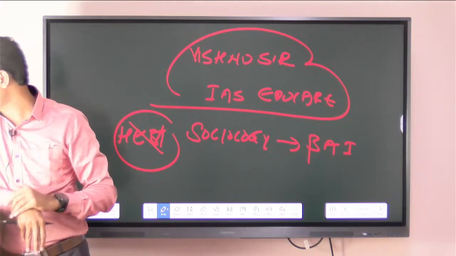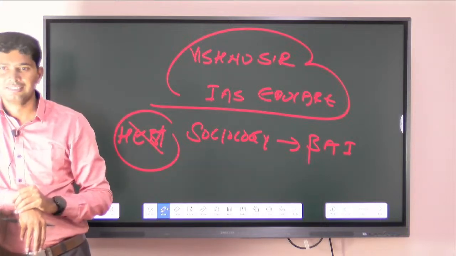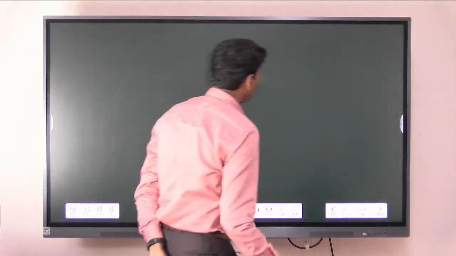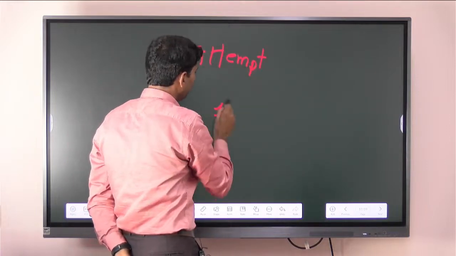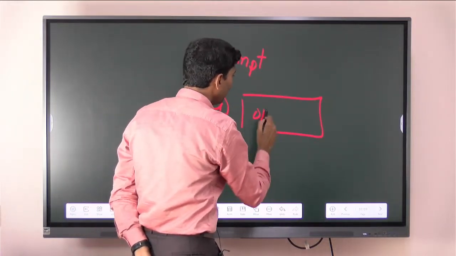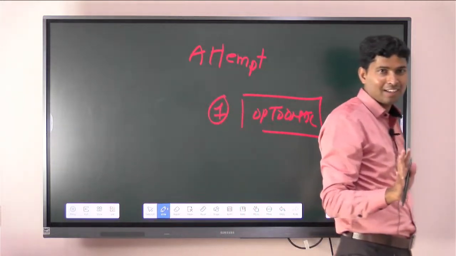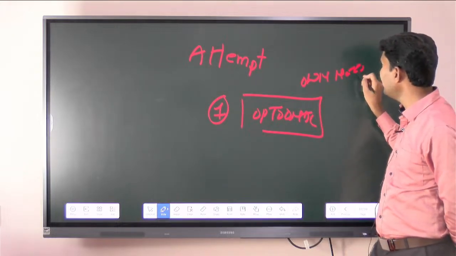I am expecting that all of you are preparing for 2025 or 2026, correct? So plan properly. Before you give your attempt, do one round of optional. When I say optional, it is not just listening to the class; apart from class, make your own notes for every micro topic.